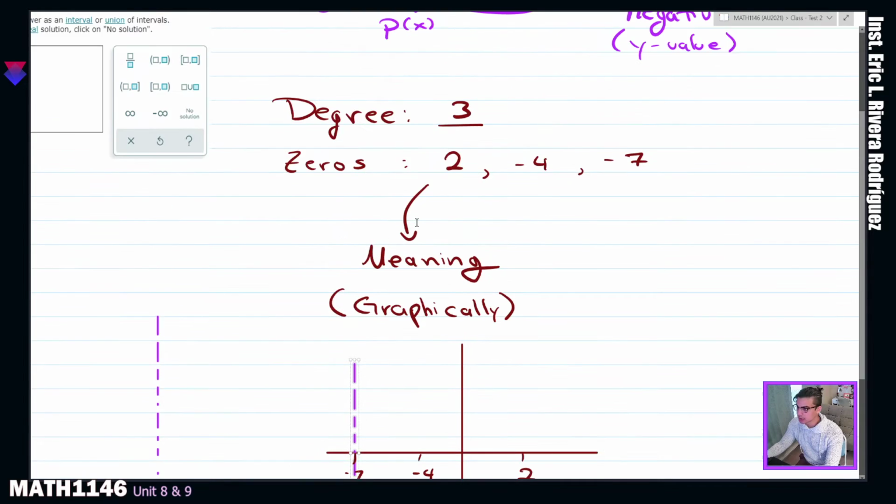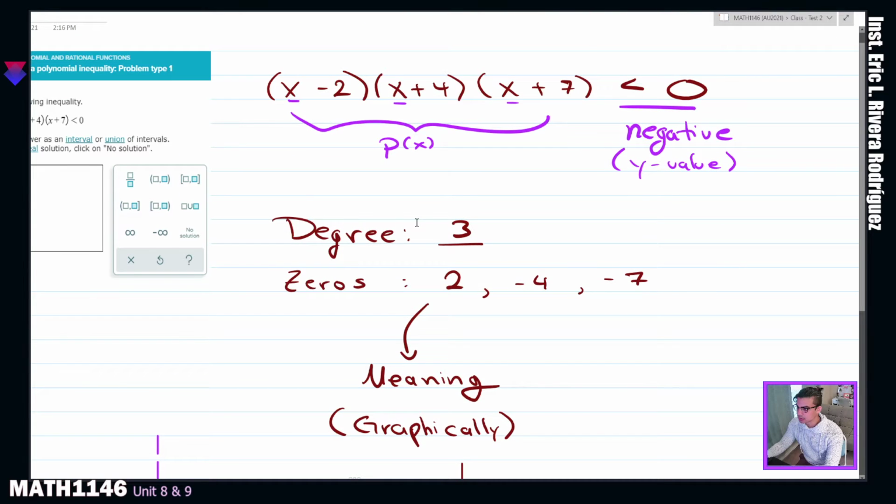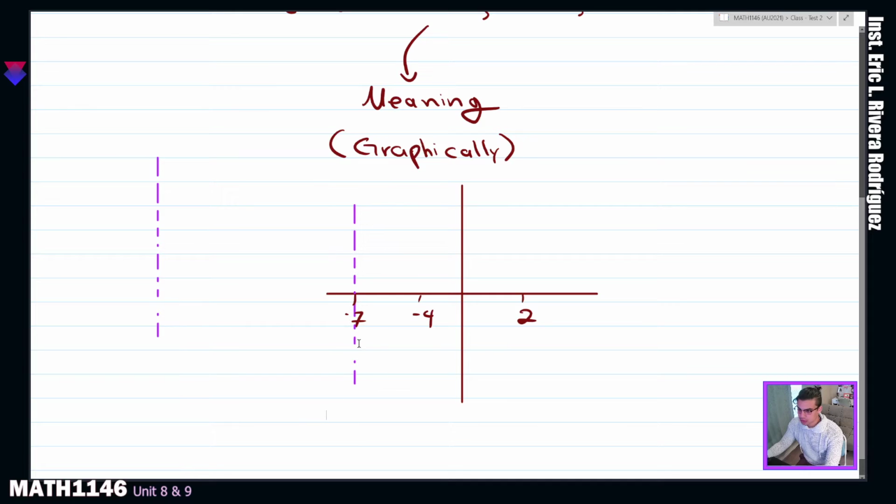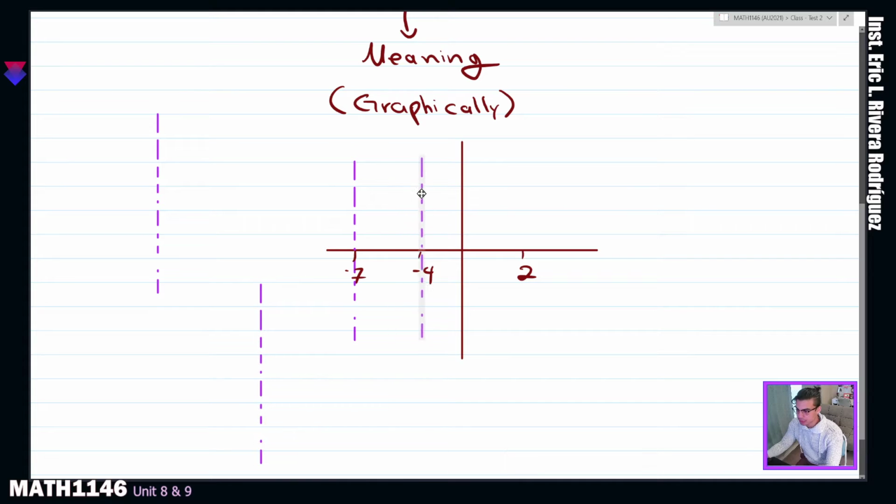-7 is the first zero. So I'm going to use -7 as a boundary for the entire domain of this polynomial. And I'm going to repeat this for -4 and as well for 2.